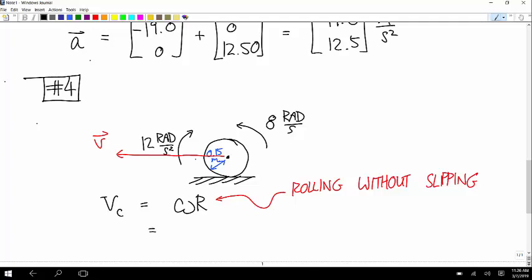And so put those together. Well, we're just looking for a speed, so that's absolute value. Put these together, you have 8 times 0.15, so that is 1.2.